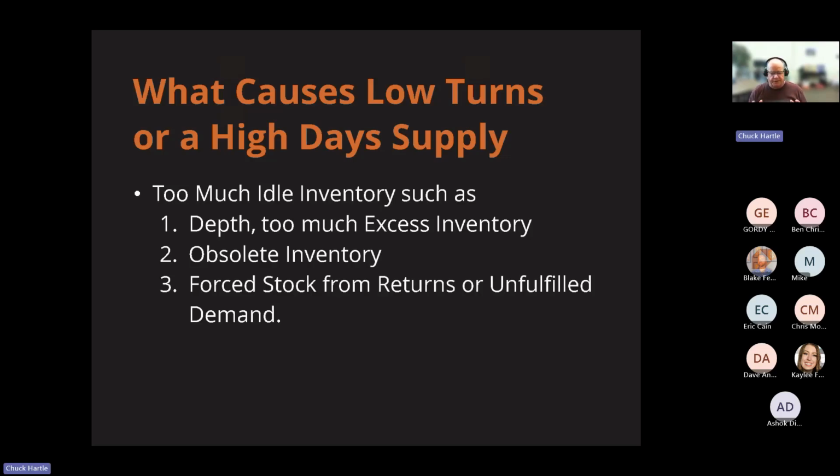This day and age, with the ASRs and very little opportunity to return obsolete inventory, it becomes a big deal. Finally, forced stock or unfulfilled demand. Make sure the tail isn't wagging the dog, AKA what you order is really needed in the shop. That's really critical to help control day supply and inventory efficiency and turns.